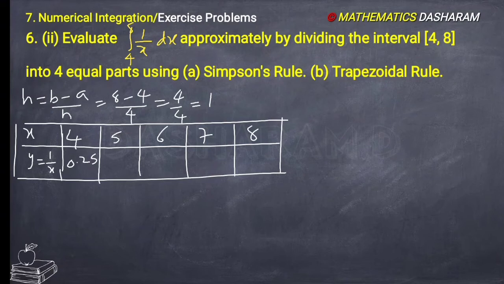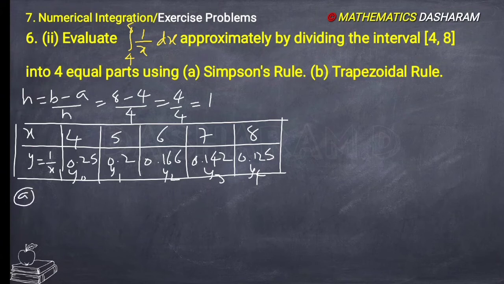When x value is 5, y value is 0.2. When x value is 6, then y value 0.166. Next 0.142. Next 0.125. And this is y0, y1, this is y2, and this is y3, and this is y4.